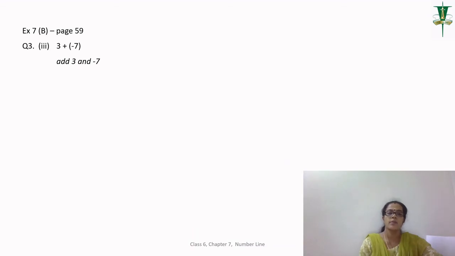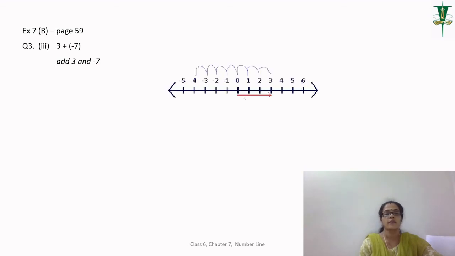Let's take another example for adding on the number line. 3 plus of -7. So first of all, from 0, you go to the first number. In this case, it is 3. 3 means plus 3. So from 0, you go to 3. And because you are going to add -7, you go in the direction of the sign of this number.